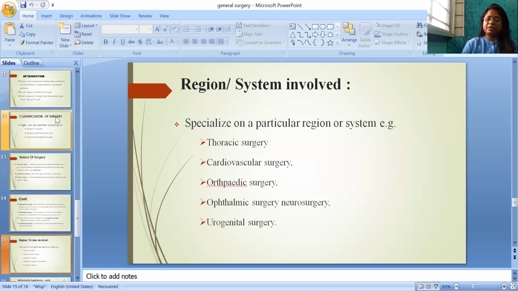You have to open the urinary bladder to remove calculi, and incise the urethra to remove calculi. All of these come under urogenital surgery.